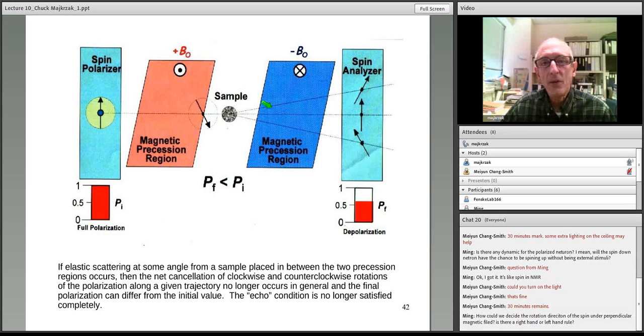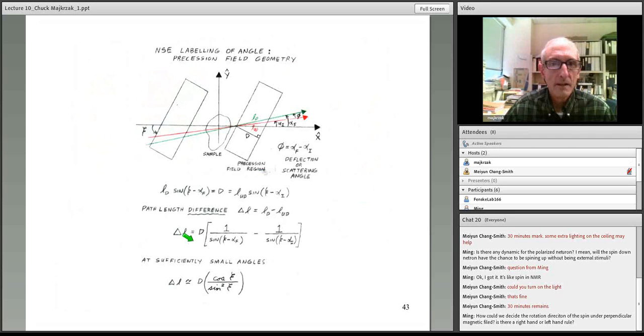So now a sample messes things up, but the way that it messes up this echo condition is very useful because it encodes in that messing up information about how big the scattering angle was in interacting with that sample. So lots of things can be done now.